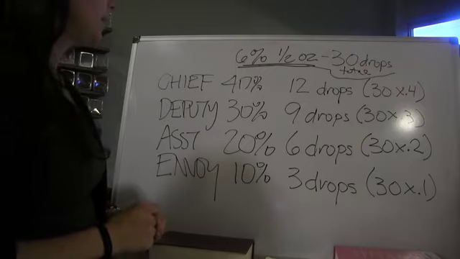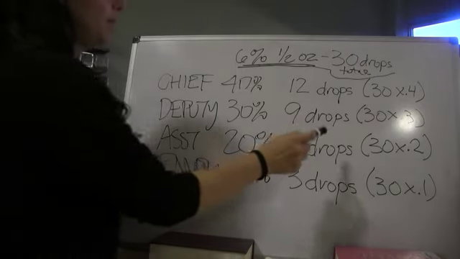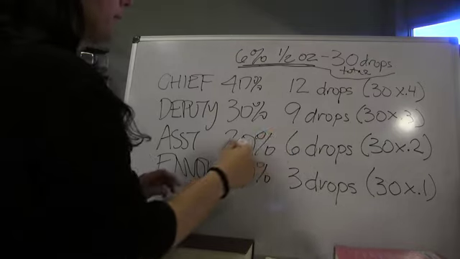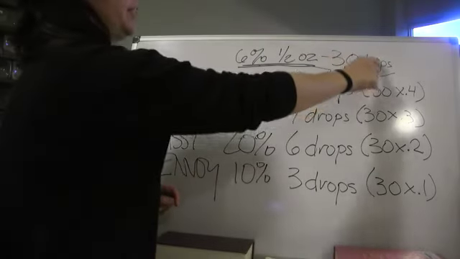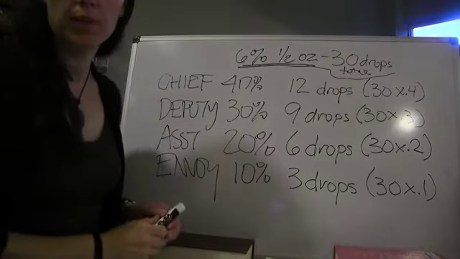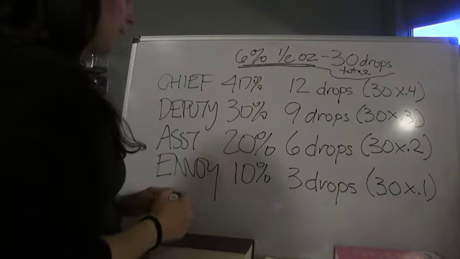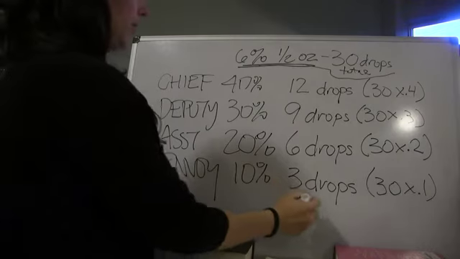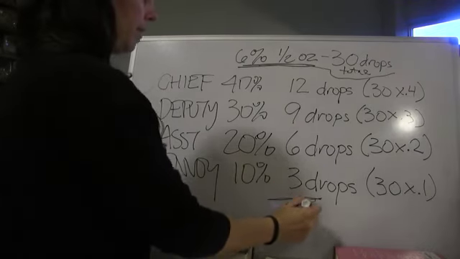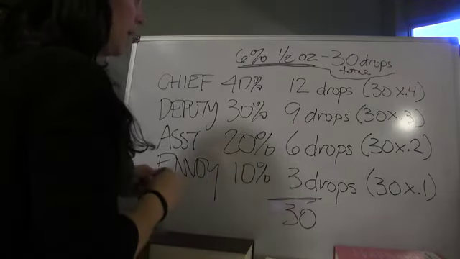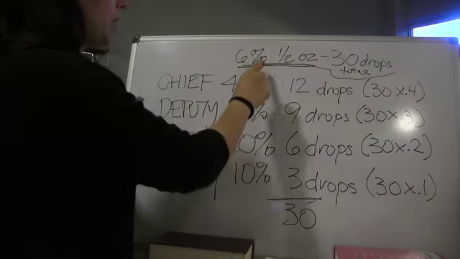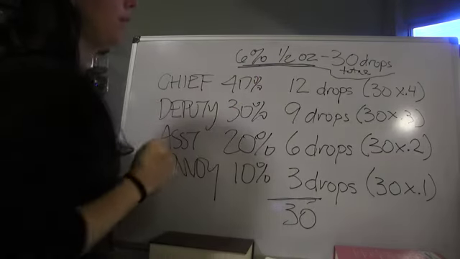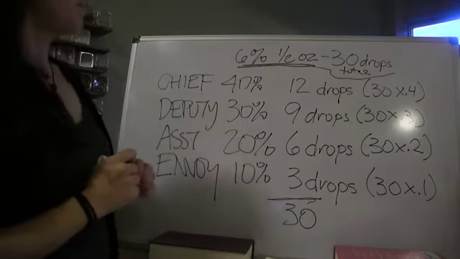And obviously, if you're doing a 4% formula, then what's going to change is your total drops. And these add up to 30, of course. So we have a total of 30 drops of essential oil to be put into a half ounce of carrier oil.